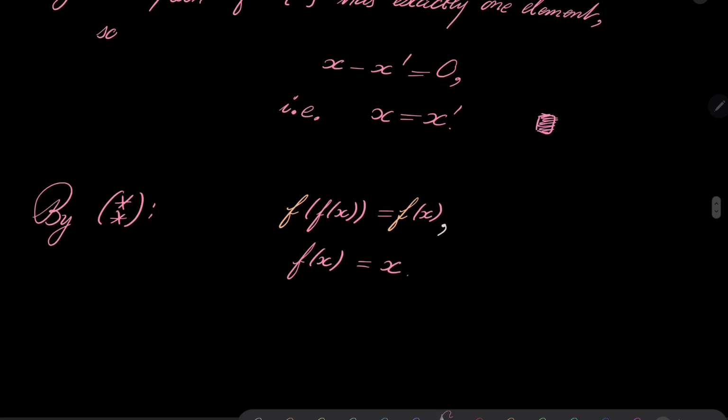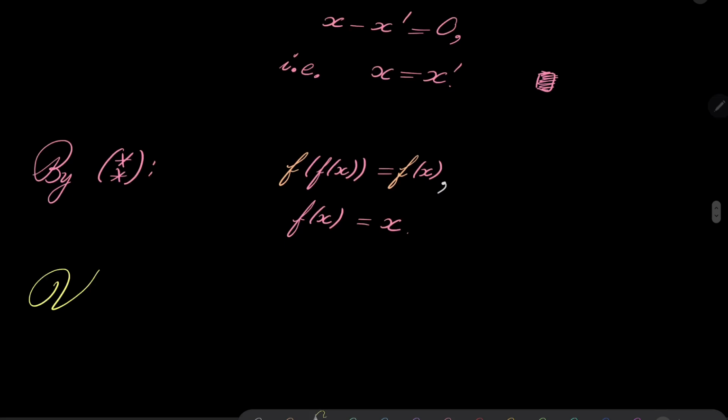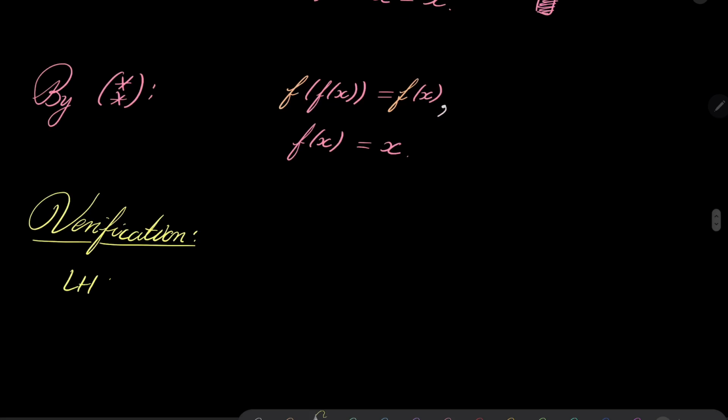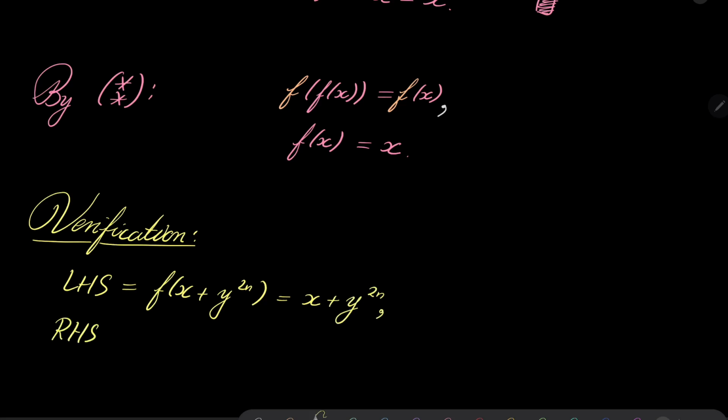But let's do verification. Let's compare the left-hand side with the right-hand side. On the left-hand side, we have f of x plus y to the power 2n, which is, of course, x plus y to the power 2n. And on the right-hand side, we have f of x plus y to the power 2n minus 1, f of y.